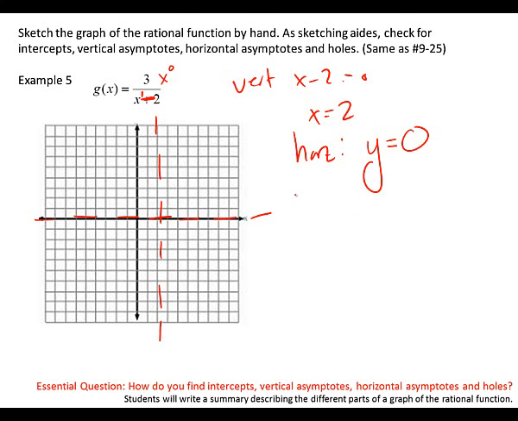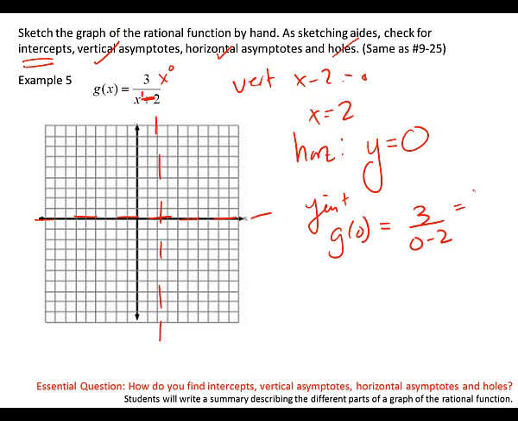Now, we've done vertical, we've done horizontal. There weren't any holes, because there was nothing to cancel. I need to check for intercepts. To check the y-intercept, I just plug 0 in. So I'm going to take 0 and plug it into my function: 3 over 0 minus 2.